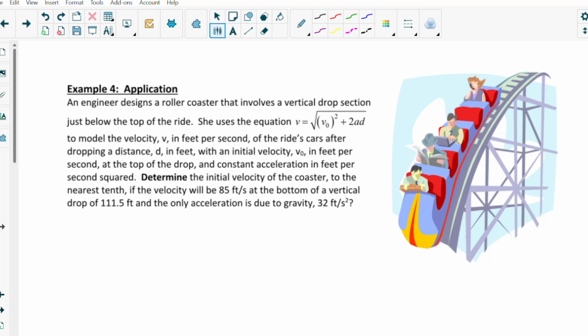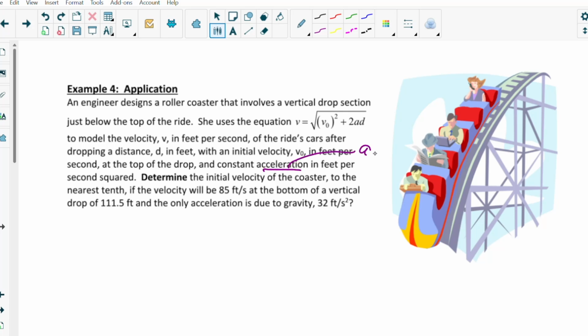Okay, an engineer designs a roller coaster that involves a vertical drop section just below the top of the ride. She uses the equation V equals velocity equals the square root of the initial velocity squared plus 2 times AD to model the velocity V in feet per second of the ride's cars after dropping a distance d in feet with an initial velocity V naught in feet per second at the top of the drop and a constant acceleration in feet per second.